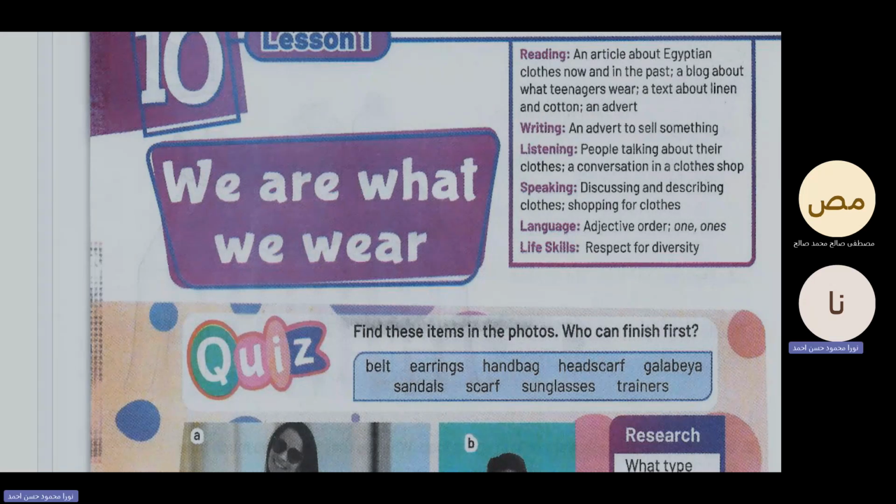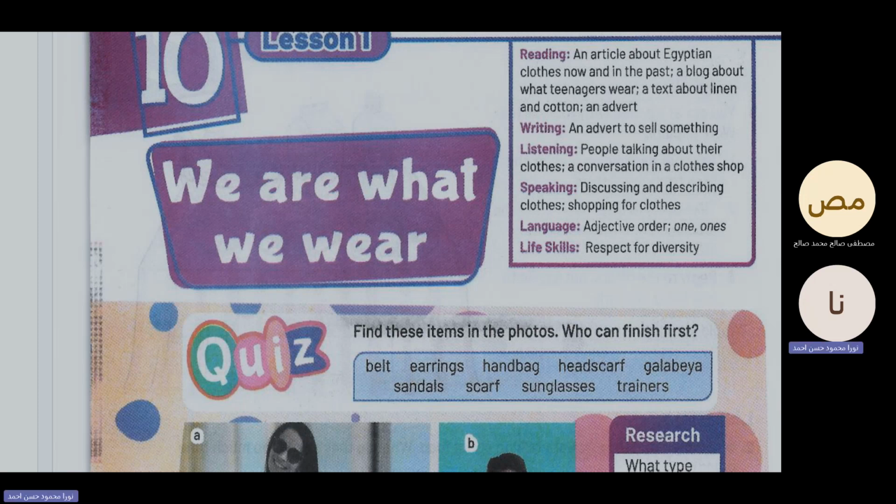This unit's aims are, for the reading part, we will read an article about Egyptian clothes now and in the past. We will also read a blog about what teenagers wear. We will read a text about linen and cotton.